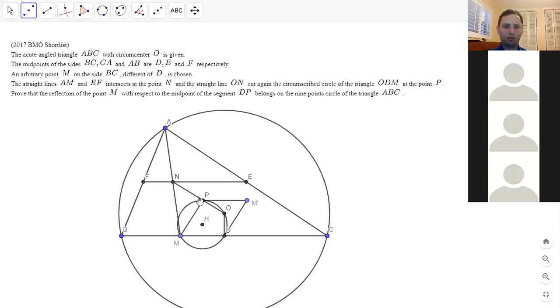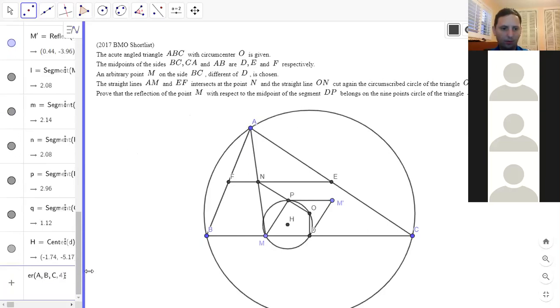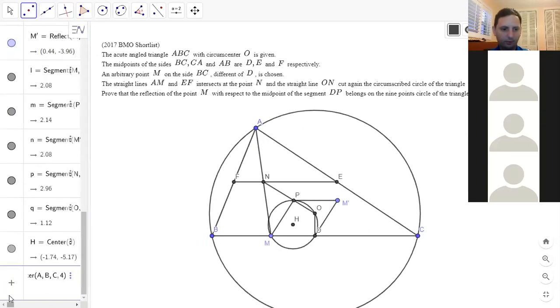Can you draw the orthocenter of ABC? Yeah. I'll call that H instead. Oh, does it not like that I already called something H? Maybe you should change it.